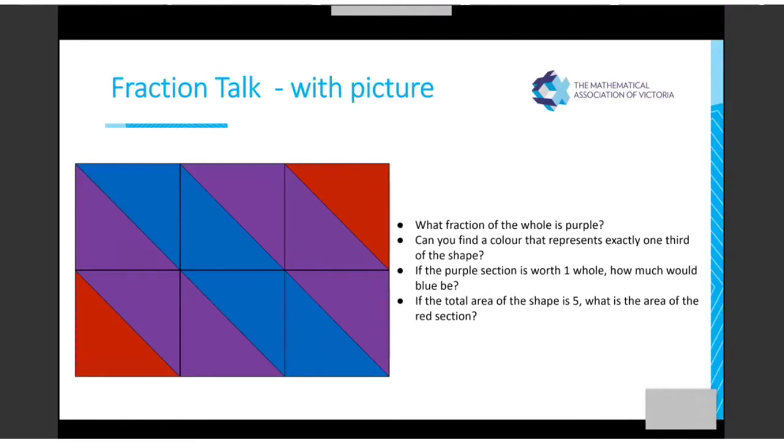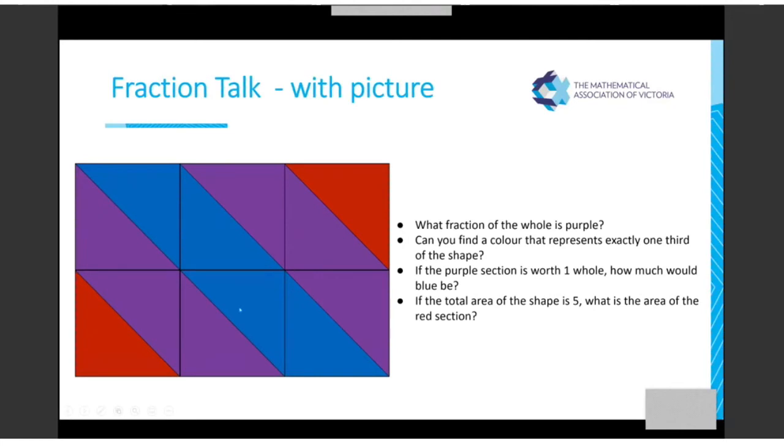Okay, thank you, Alice. So I'm looking at the answers. Is that Alice? Yes, it's Alice. So explain to us, please, how you worked out if the purple section was 1 whole, how much would the blue be?